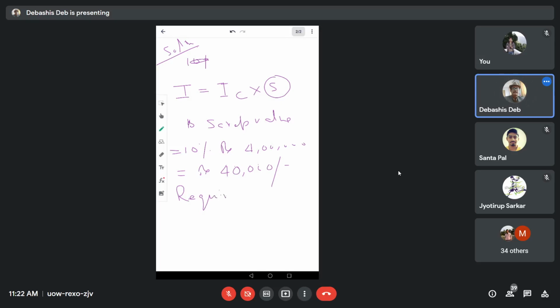So the requirement of sinking fund will be 4 lakh minus 40,000 rupees, 3,60,000. It is clear?